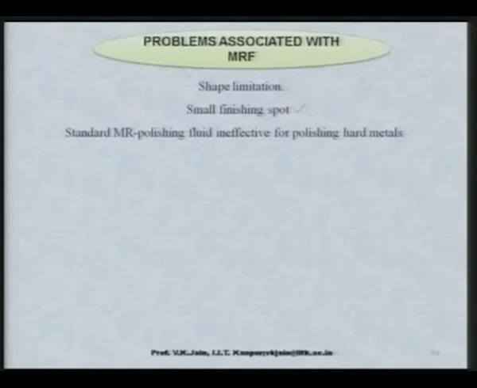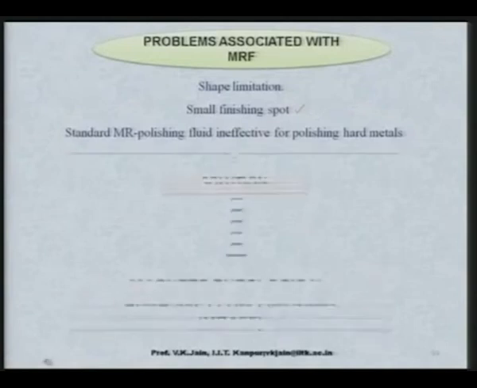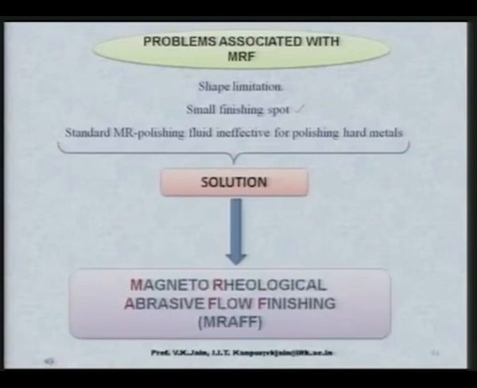Standard MR polishing fluids are ineffective for polishing hard metals, because abrasive particles like cerium oxide are soft. So, what we did, we combined the two processes, MRF process and AFM process, and named it the magnetorheological abrasive flow finishing process, to overcome the weaknesses of this process as well as the weaknesses of the abrasive flow finishing process.